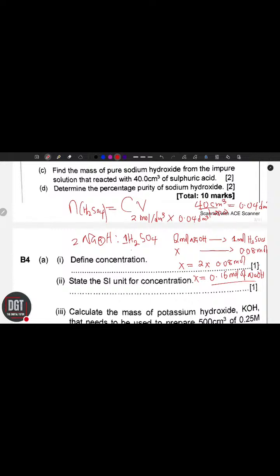Now that we found the number of moles of sodium hydroxide, we can use the formula to find the mass. Mass is equal to number of moles multiplied by the molar mass. The molar mass of sodium hydroxide is 40, and number of moles is 0.16. So 0.16 multiplied by the molar mass. Someone to multiply? 0.16 multiplied by 23, what is the answer?